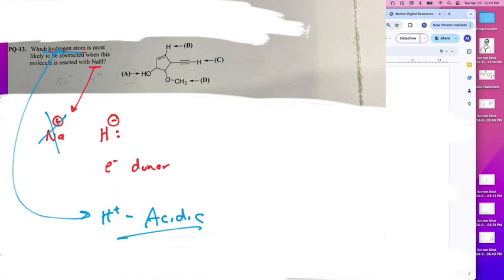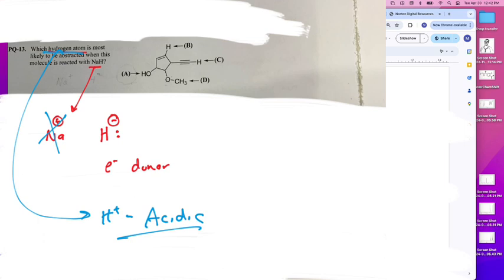We look at the atom where the hydrogen's connected. We compare oxygen, carbon, carbon, carbon. They all have the same charge. Do they have the same size? Yes, because they're in the same row. Do they have different electronegativities?